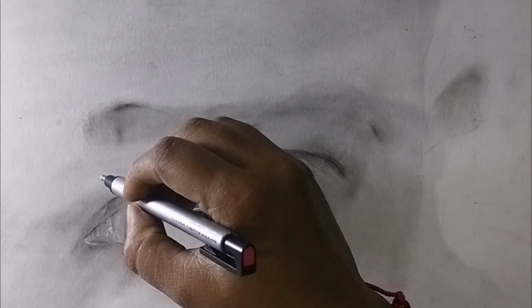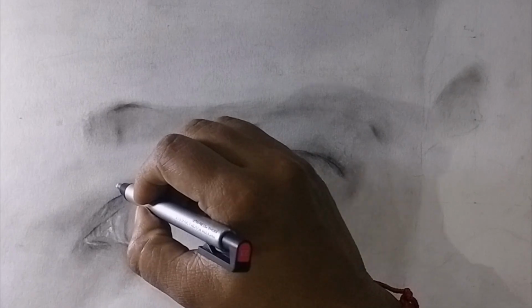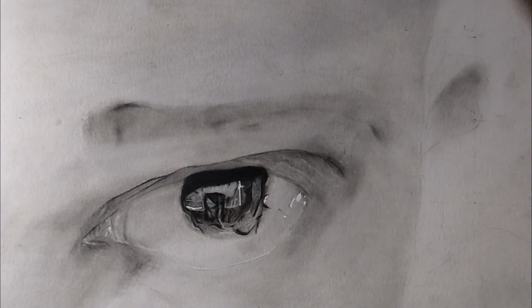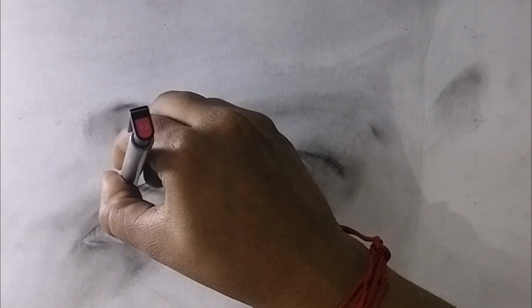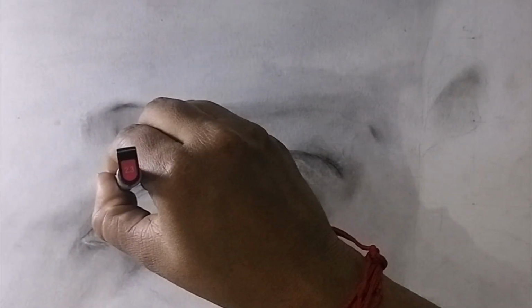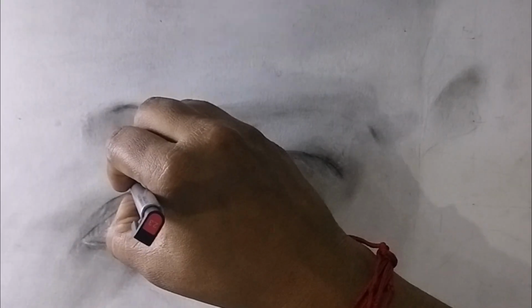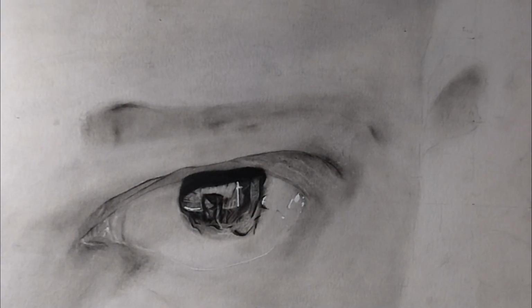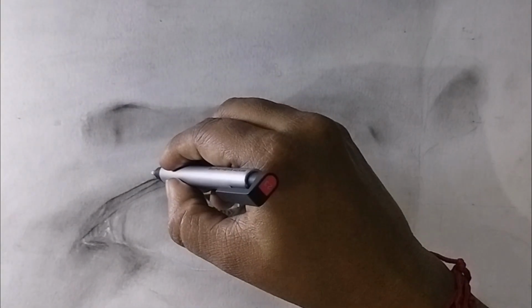So here there are some patterns, like pores and all. So I'm just making the effect that it's skin and it has pores. It might not be visible to you, but still it exists.